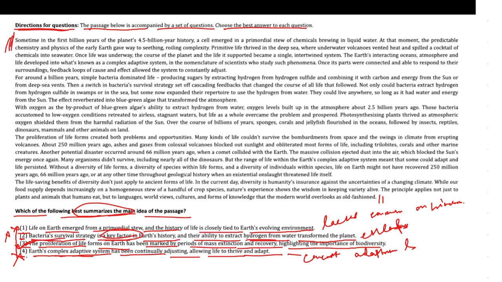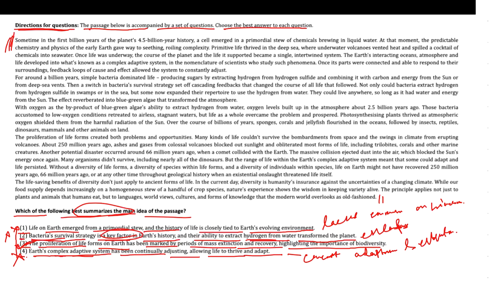So the narrative traces the main milestones on Earth's history, from the emergence of the first cell to the development of oxygen producing organisms and the subsequent proliferation of life forms, right?